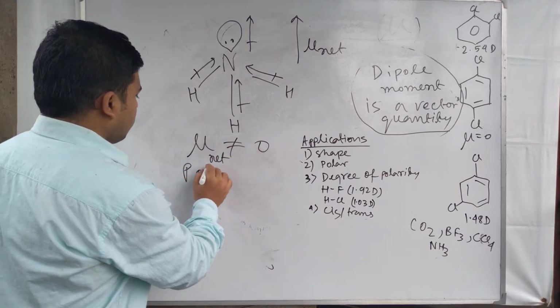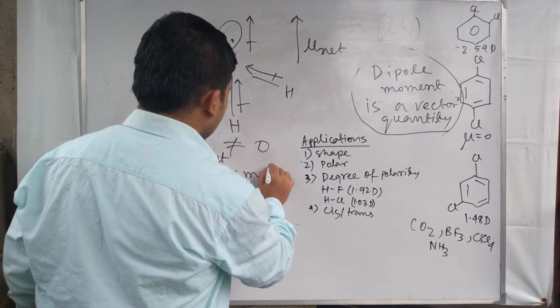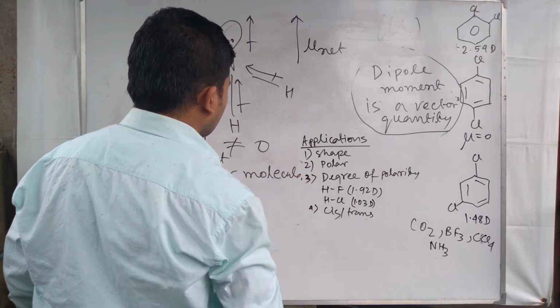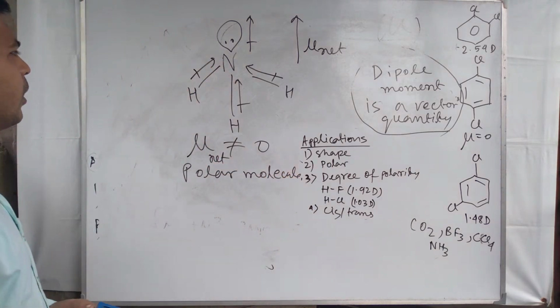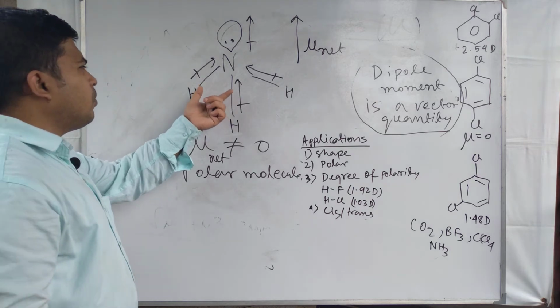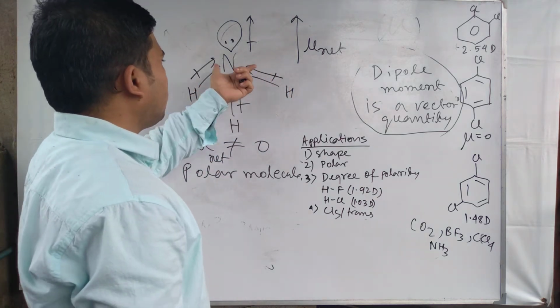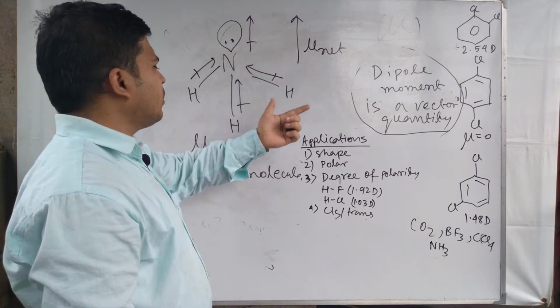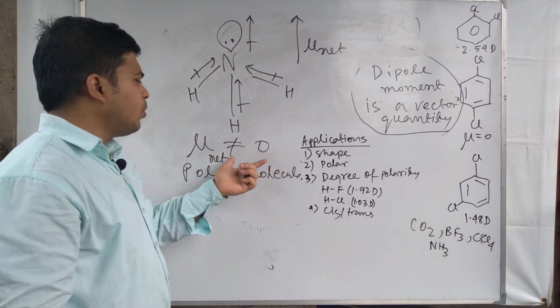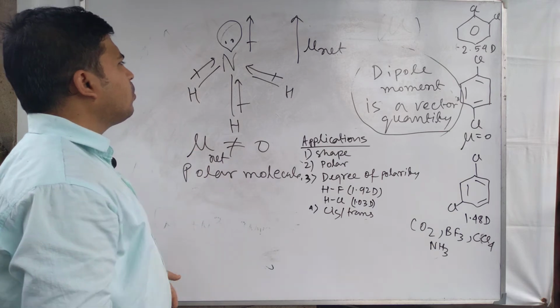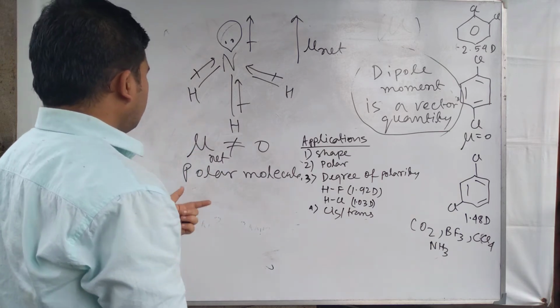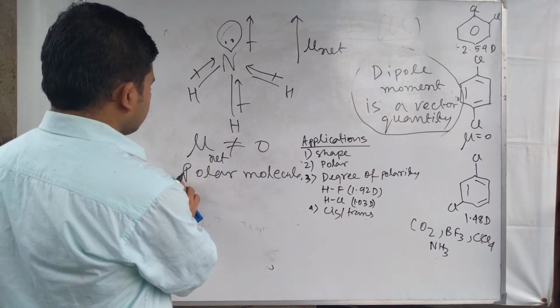Here each bond moment is added up, and after adding all the bond moments, mu net becomes more than 0. For this reason the molecule is a polar molecule.